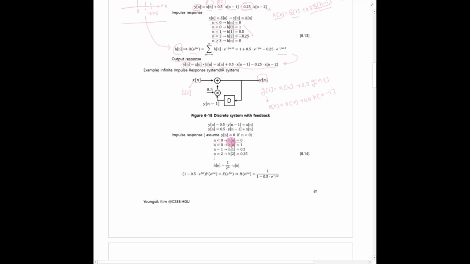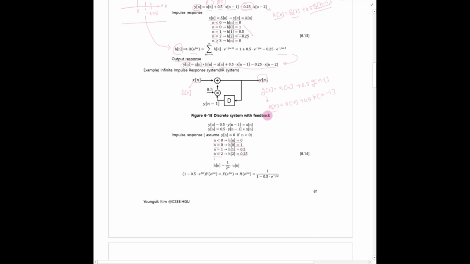If n is less than 0, h[n] is 0. If n equals 0, this is 1, but this one is 0, so that's 1. If n is 1, then delta[n] is 0, but h[0] is 1, so that's why it is 0.5. If n is 2, then this is 0, but h[1] is 0.5, so we take half of that one, 0.25, like that.